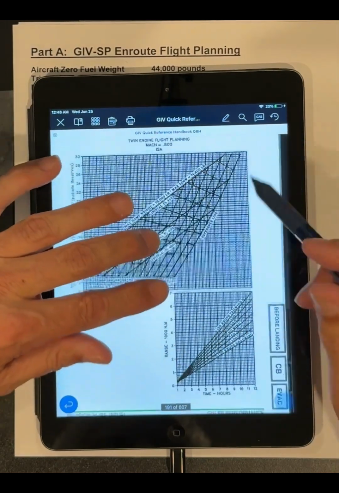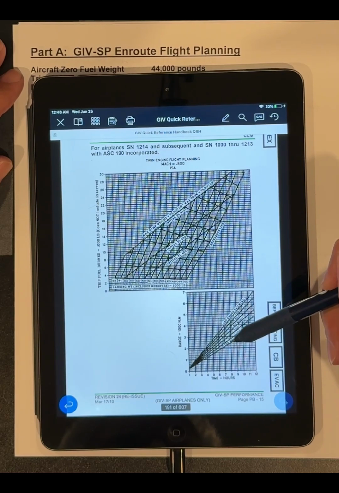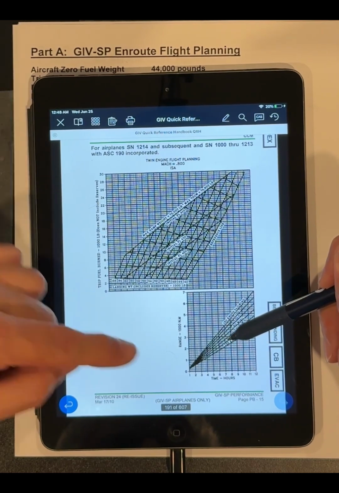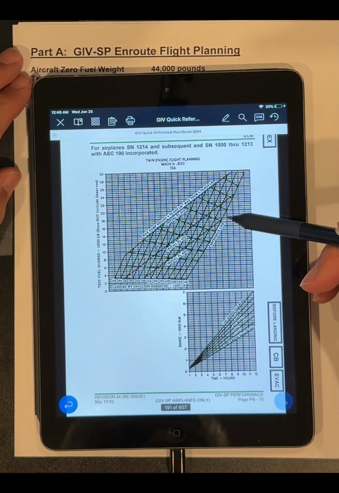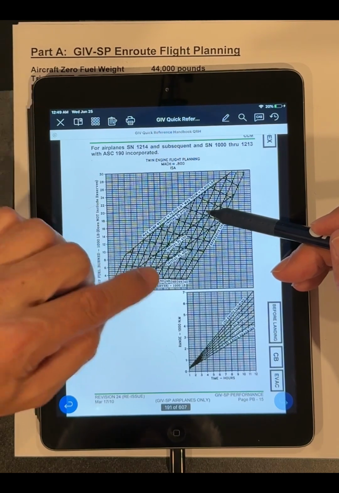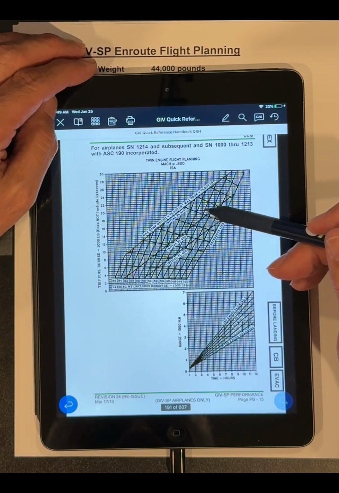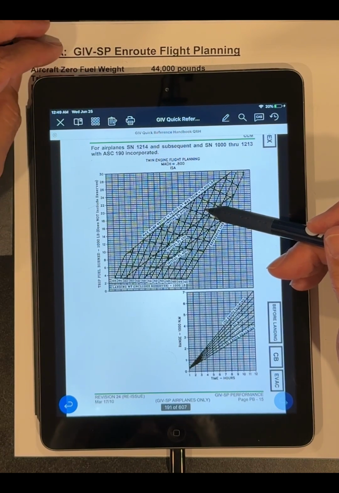So we start at the 7.6. We already figured that out. Goes right through the 50 knot headwind, intersects that with the 3,000 pounds, straight up here to the reference line. And then we stay parallel with these lines all the way to the 48,000 pound mark. And the 48,000 pound mark is right about here.